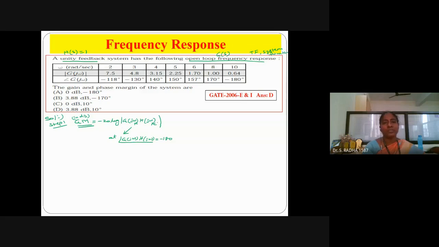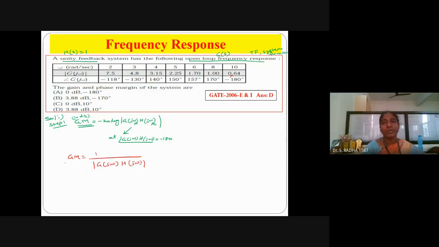So with this information, I will go back to the tabular column. You can see where the angle is minus 180 degrees, we have the magnitude 0.64. So the gain margin is nothing but 1 divided by the magnitude of G of j omega, H of j omega in absolute terms, not in dB.